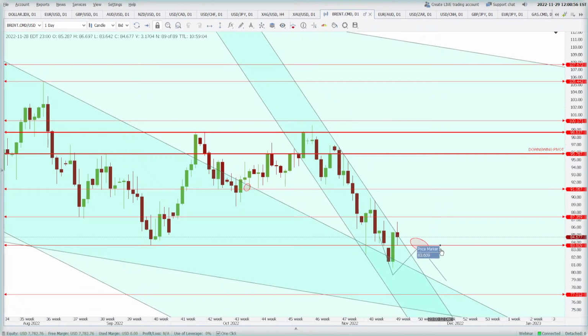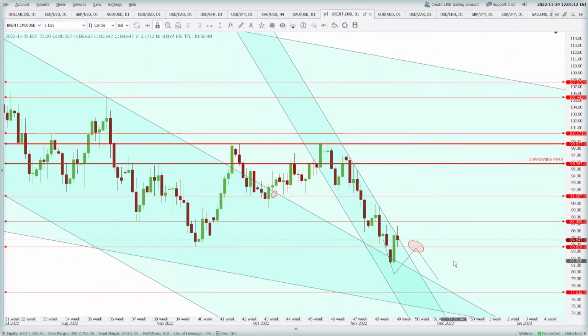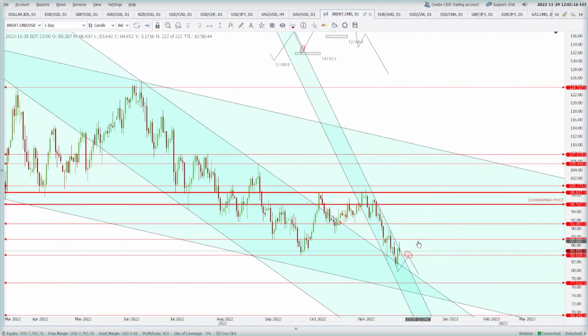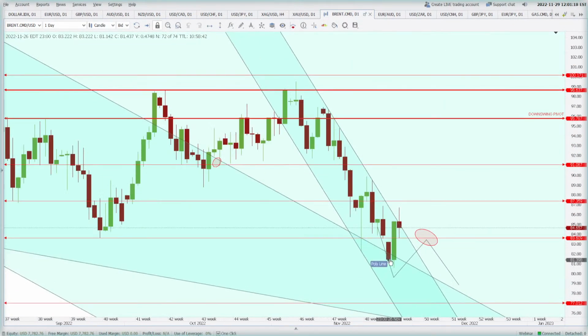Brent is trading between 83.60 and 84.66. I think 83.60 to 87.35 is the current range, and that range has not been explored. Yesterday there was a Polish, almost a Marubozu. The falling channel, all right, these tops are taken out.